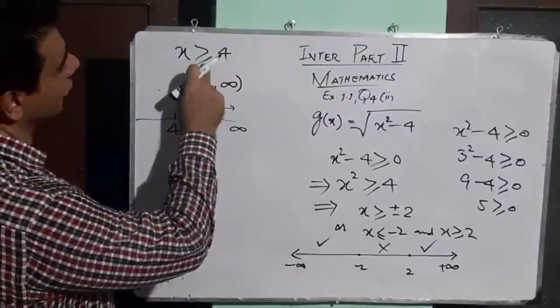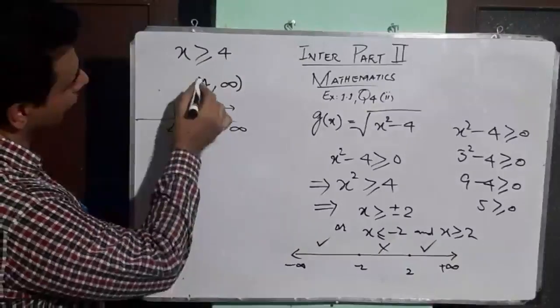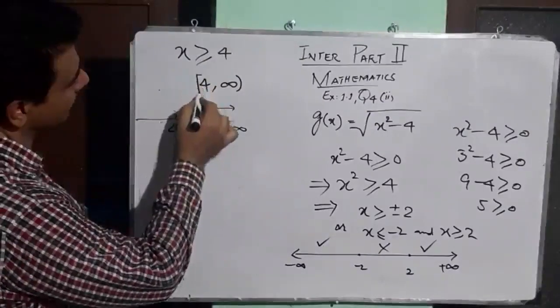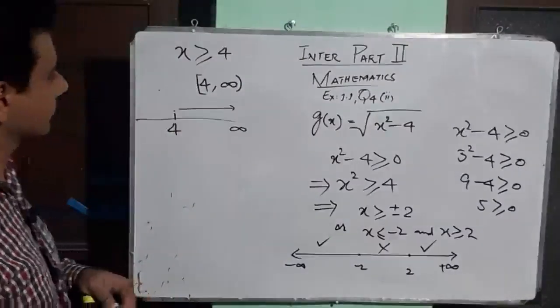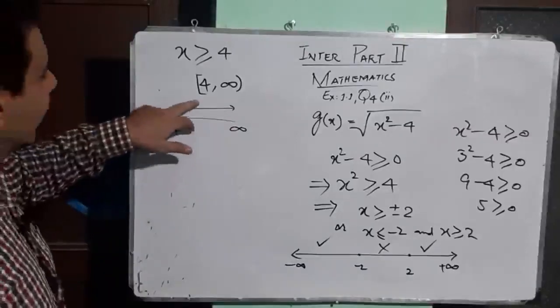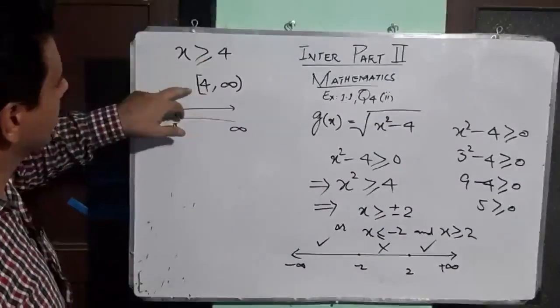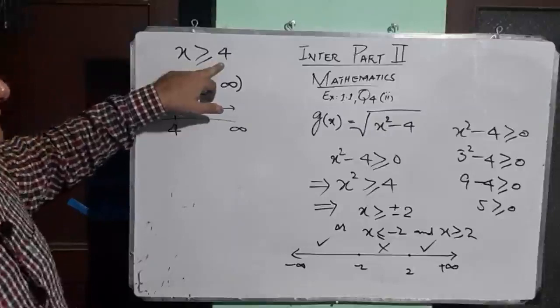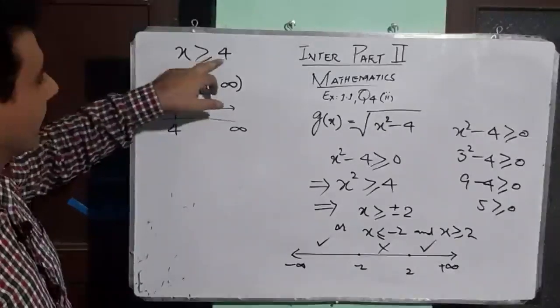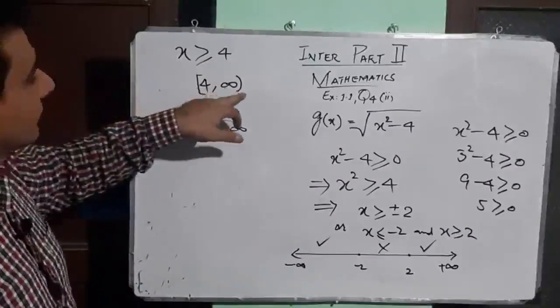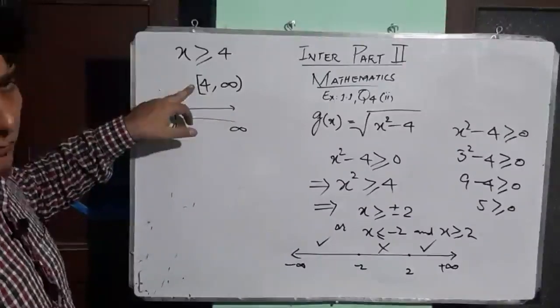Wherever there is equal, we will use square bracket. It means that 4 is included, because it's equal to 4, not greater than 4. If greater than 4, we will use parenthesis here also.